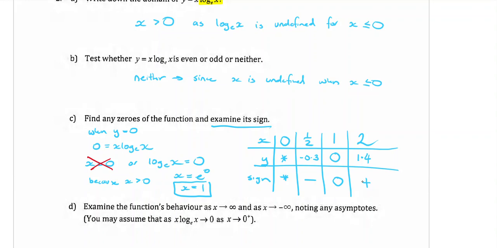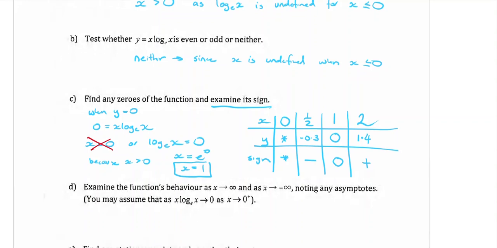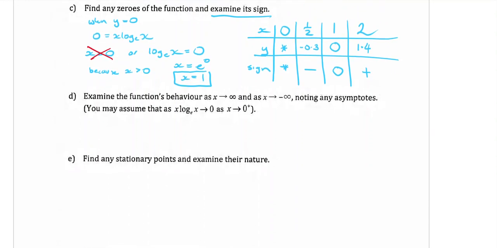Part D. This is the one where I want the turning points. No, not yet, that's part E. Getting ahead of myself. Part D: examine the function's behavior as we go to infinity and negative infinity, noting any asymptotes. You may assume that x log e of x is approaching 0 as x is approaching 0.